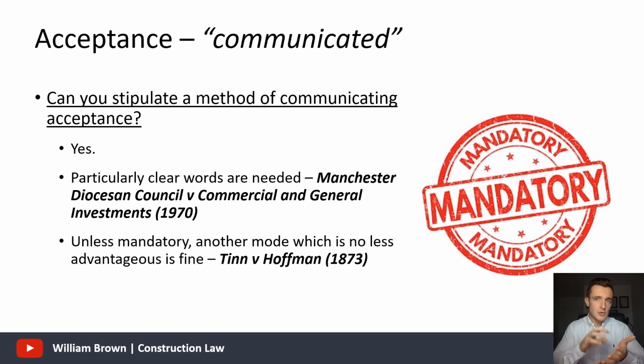But the point is that you can stipulate whatever you want if you use very clear terms. That fallback mechanism under Tinn v Hoffman, where as long as you accept it in an equal or approved way that doesn't cause the offeror to suffer some sort of loss, then that would be fine. So hopefully that makes sense, and hopefully you understand how you can stipulate a method of communicating an acceptance.